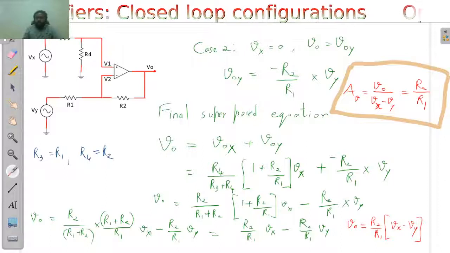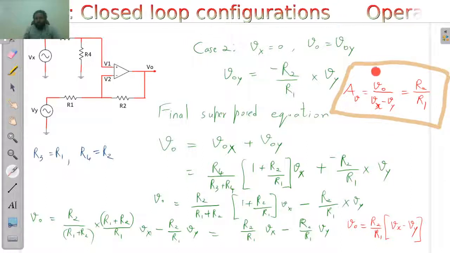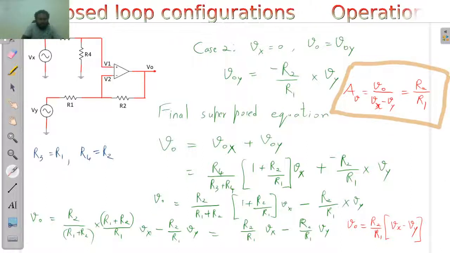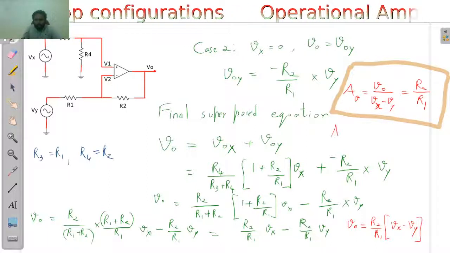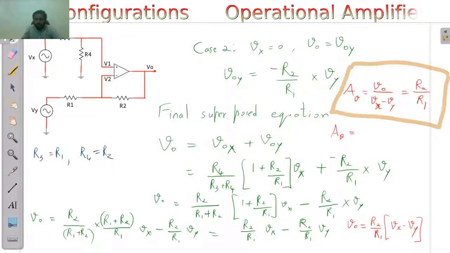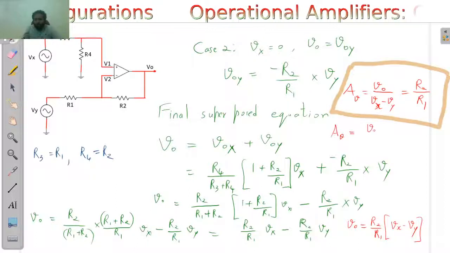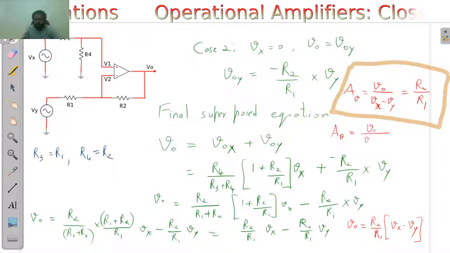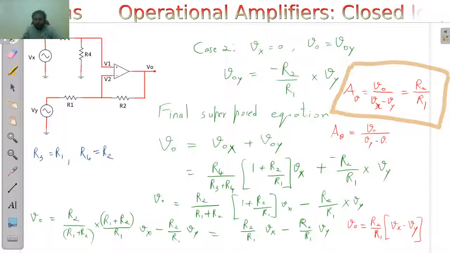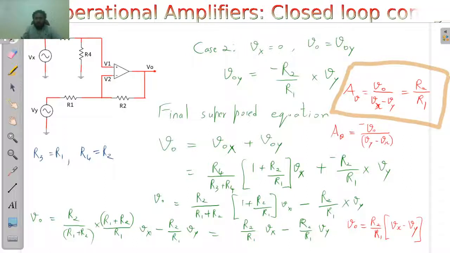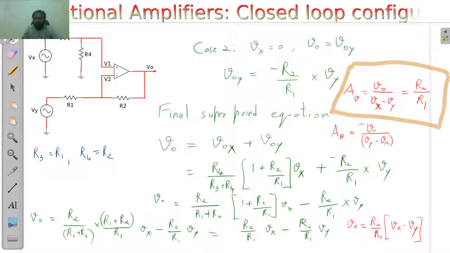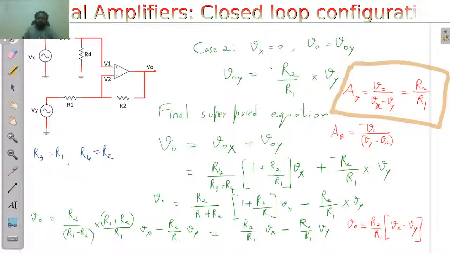You can even rewrite this equation so that it becomes like this. The voltage gain is equal to Vo by Vy minus Vx and a negative sign here. Okay.